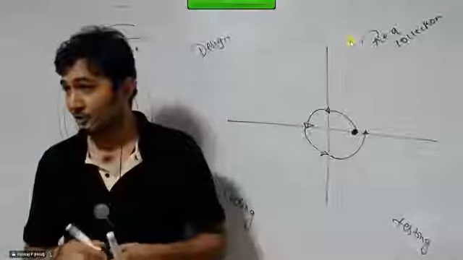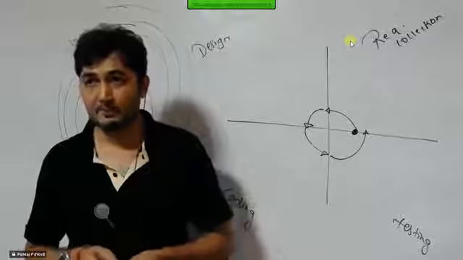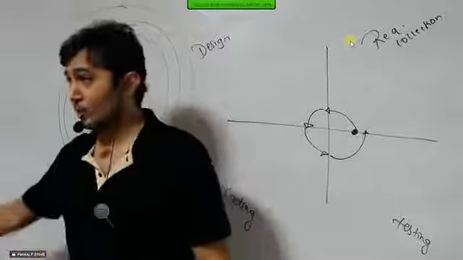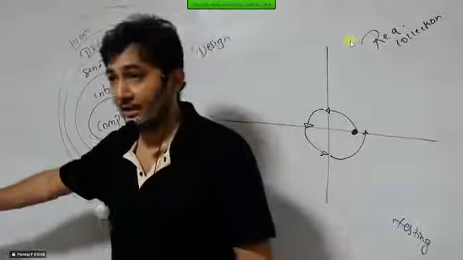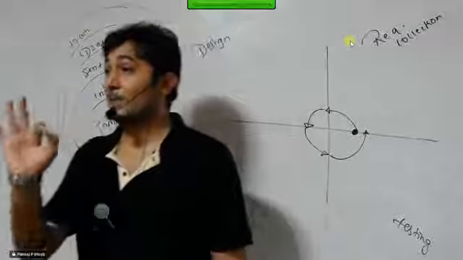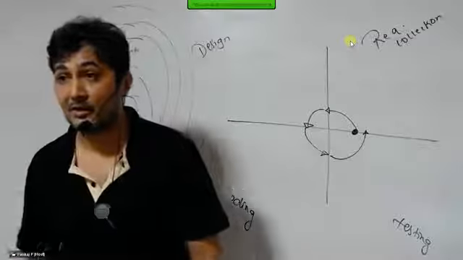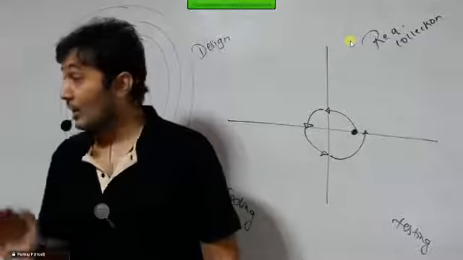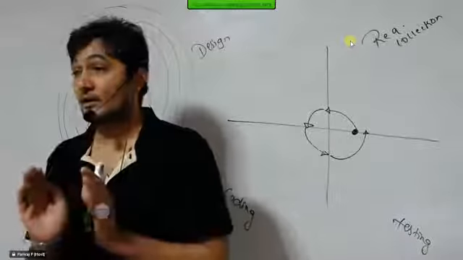How will you call the customer? Hey customer, come here. Stand here. Look at the projector. Right? Give him the demo. If the customer is happy with the demo, what he will tell? Super.